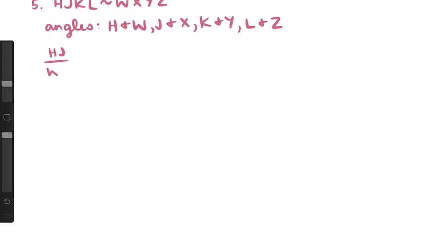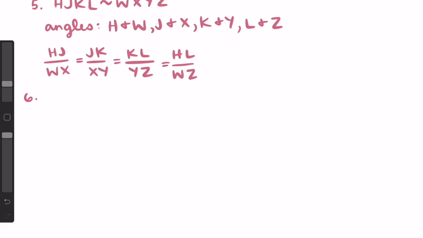And then for the sides, HJ over WX is equal to JK over XY is equal to KL over YZ, and don't forget the last one, HL over WZ. And always going in that order will help you to make sure you get all of them.